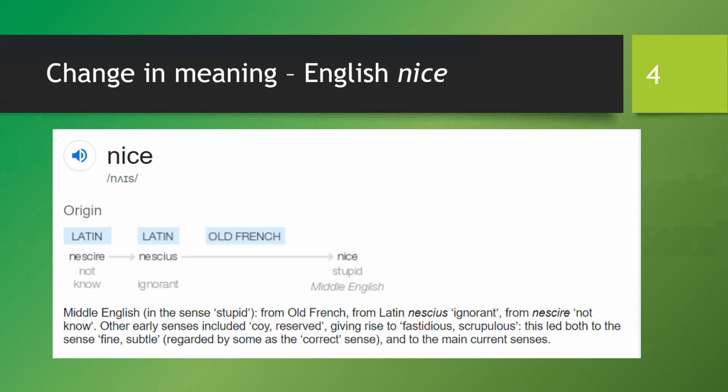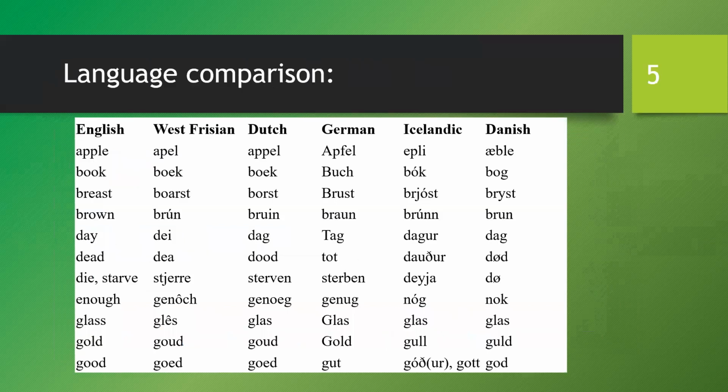But in Middle English, 500 years ago, it meant stupid, because it comes from the word meaning not knowing or ignorant. But another early sense was to be reserved. So ignorant was associated with the idea of being reserved or shy, and then came to mean fastidious or scrupulous. And this led eventually to the sense of fine or subtle. And so you can see that over time, the same linguistic form may change in its meaning.